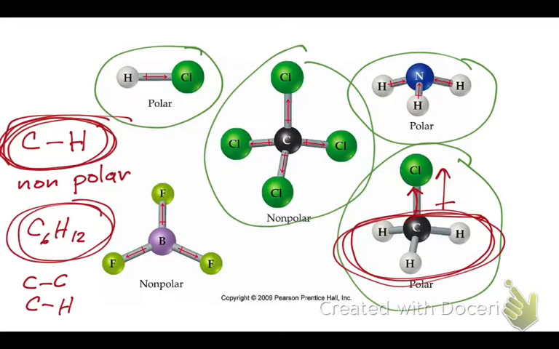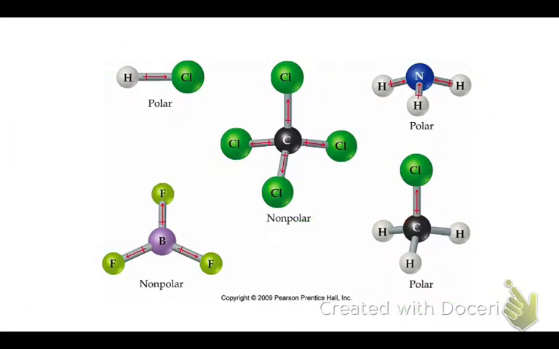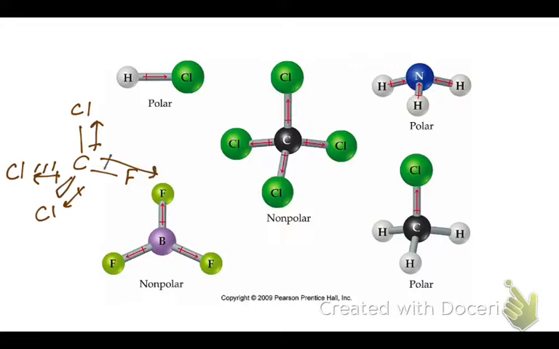Now I want to also show you another example here. What if I have a molecule like this one? All these bonds are polar. But the dipoles will not be the same, meaning the dipole for a fluorine bond will be larger because fluorine is more electronegative than chlorine.